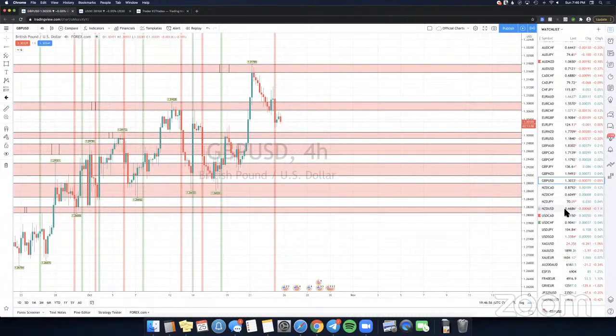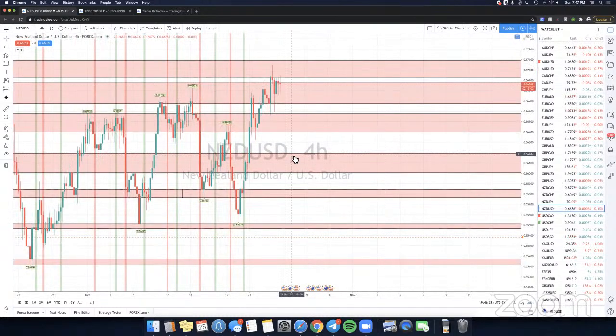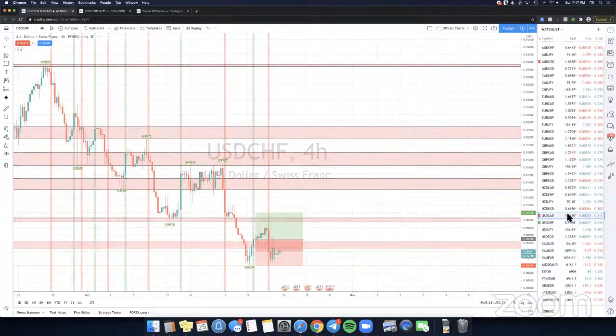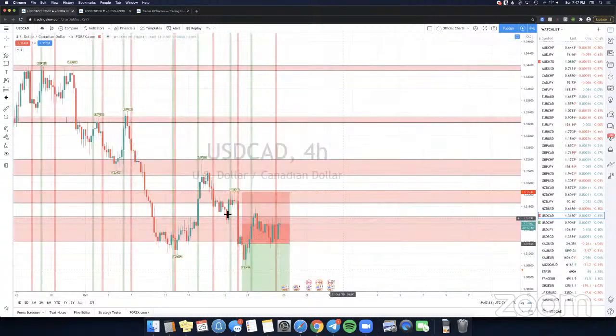Looking at NZD USD right here, it's going up, but it's also coming down. This is kind of a toss up, but it does look like it's heading downwards, which indicates that the US dollar is stronger than the New Zealand dollar. Going back to USD CAD over here, same situation, price is going up, so the US dollar is stronger than the Canadian dollar.